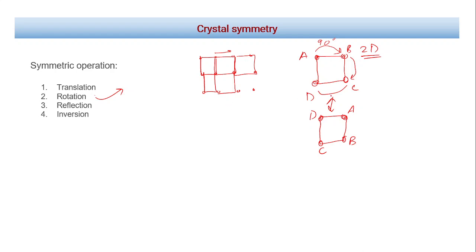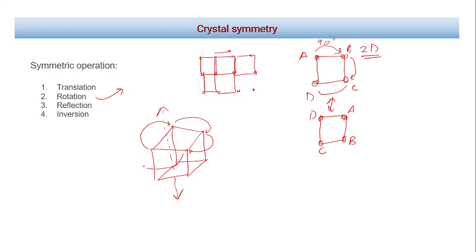This is for 2D. For 3D, we have a 3D unit cell. Here also, if you consider this as my rotational axis, and you rotate it from here to here, this atom will go here, this atom will come here, and it will look exactly the same, right?